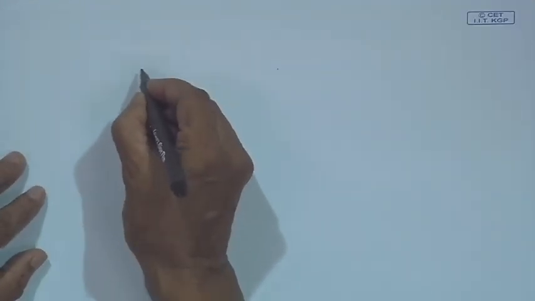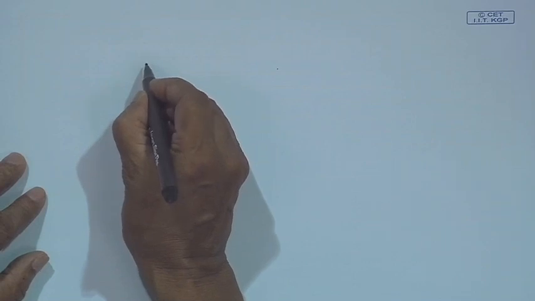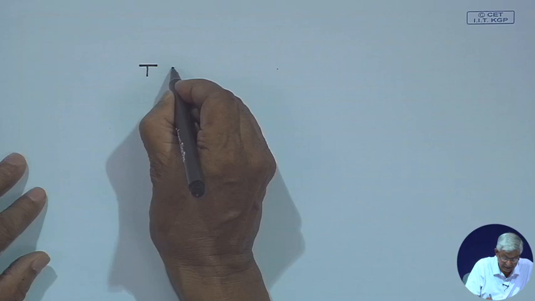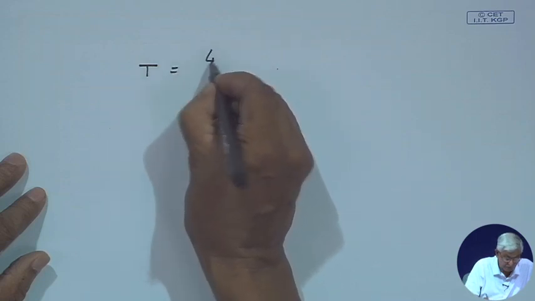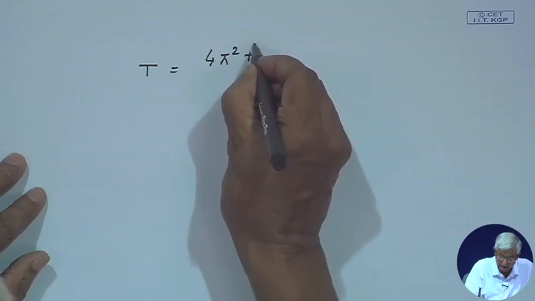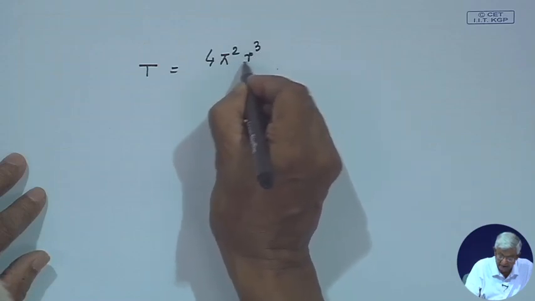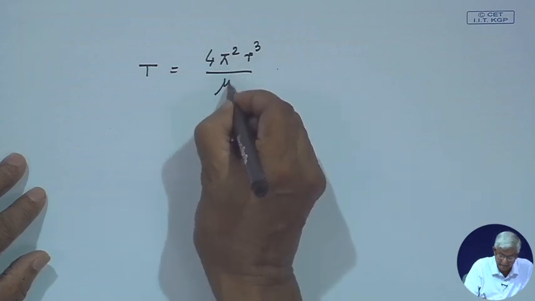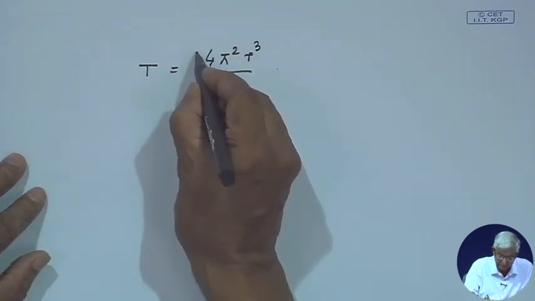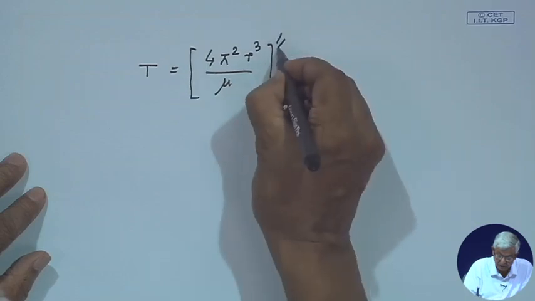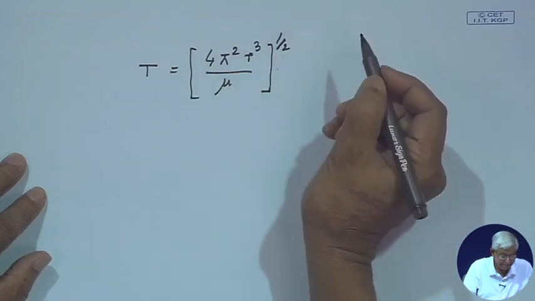And since it is a circular orbit, the equations are very simple, that is the duration of one orbit is T = 2 pi times (r cube by mu) to the power half. Here r is the radius of the orbit.